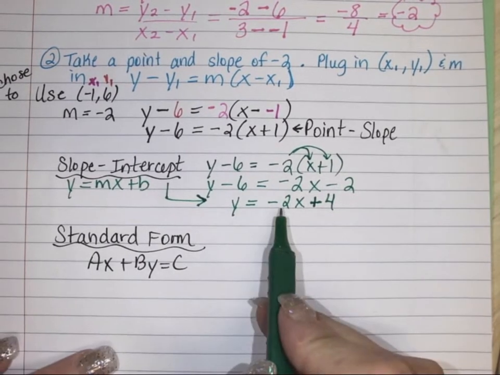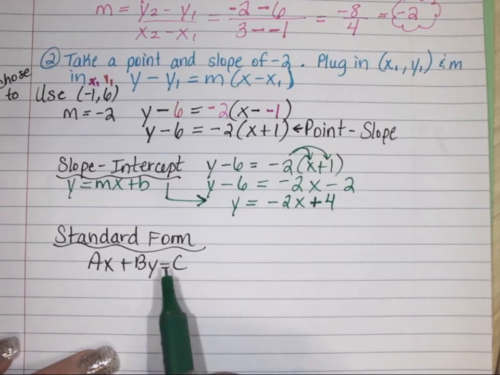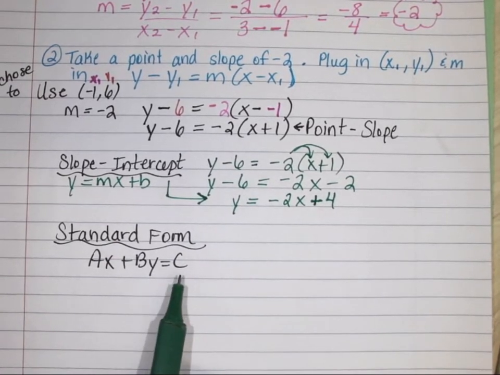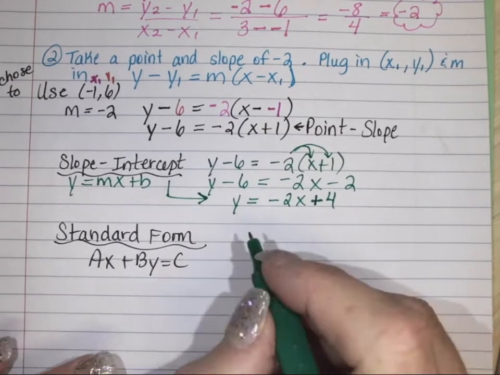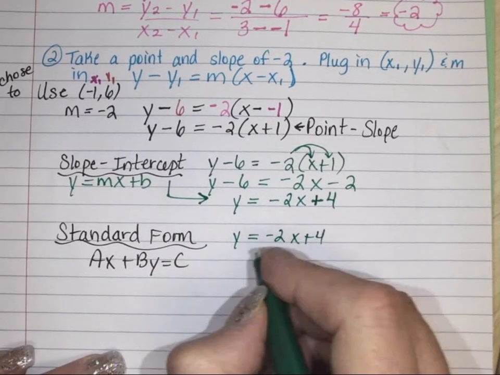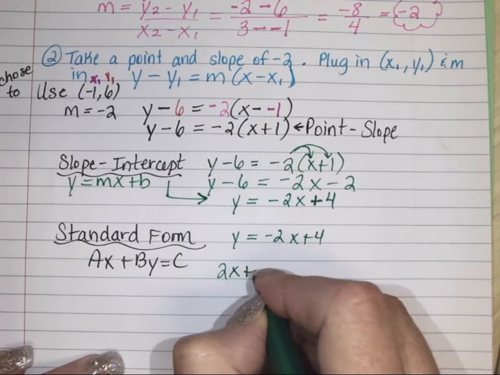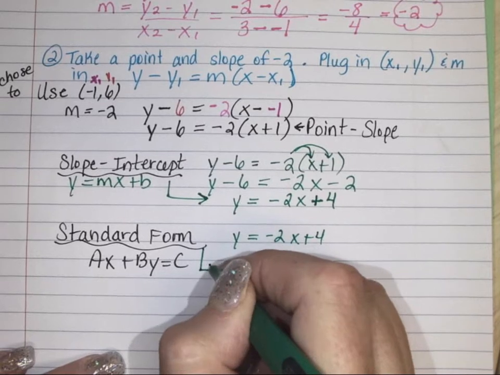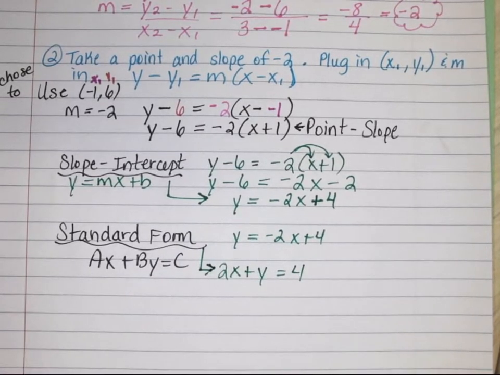So since we've already left it in slope-intercept, remember for standard form, just make sure your x term and y term are on the same side, all constants on the other side. So you would take this and simply move 2x to the left side, so it would become positive, and that is in standard form.